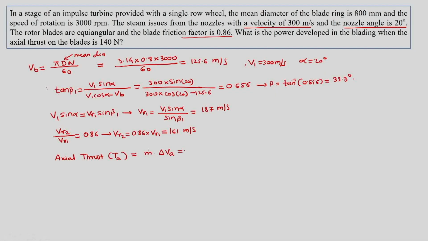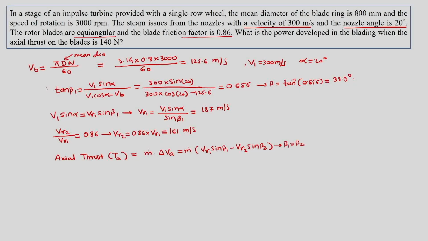For delta VA we have VR1 sin beta 1 minus VR2 sin beta 2, but the blades are equiangular, so beta 1 is equal to beta 2.